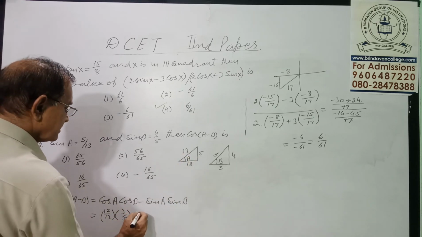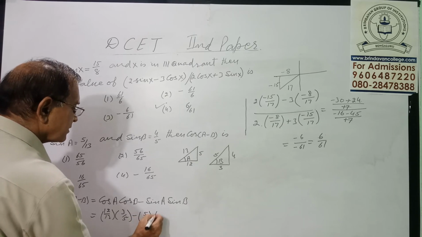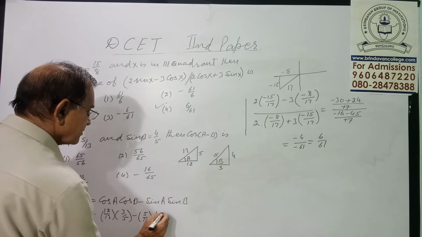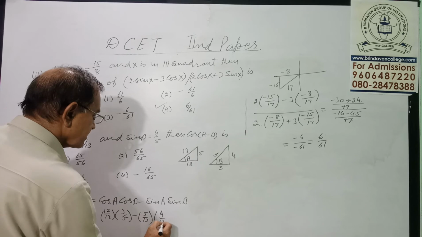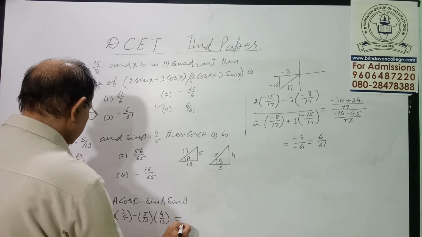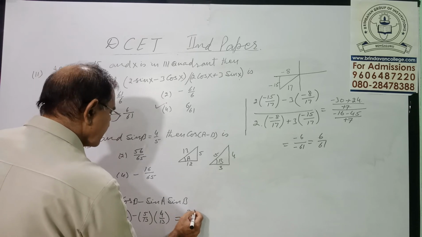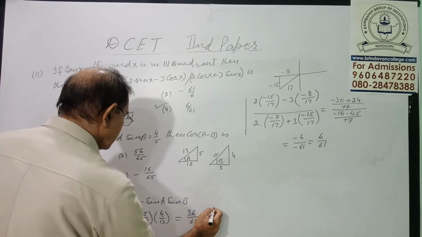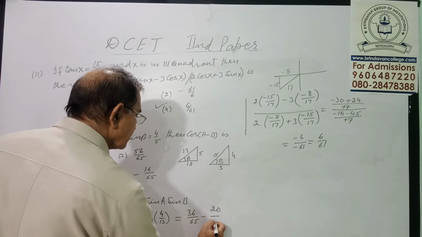Sin A 5 by 13, P by H. Then sin B 4 by 5, that is P by H. So then solve it. By solving it will come out to be 36 by 65 minus 20 by 30.